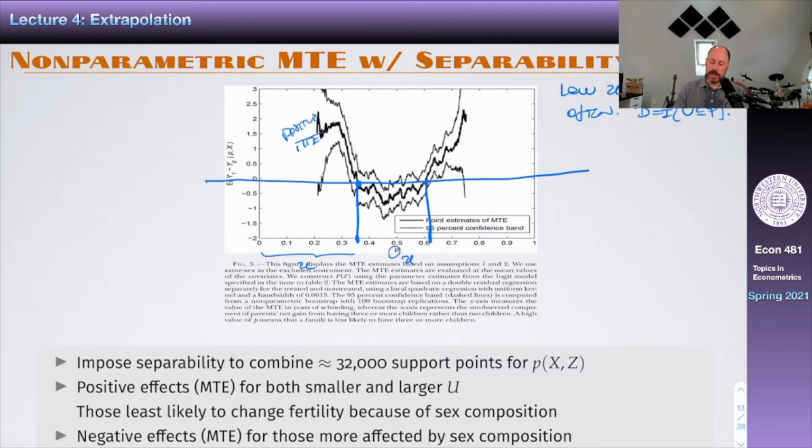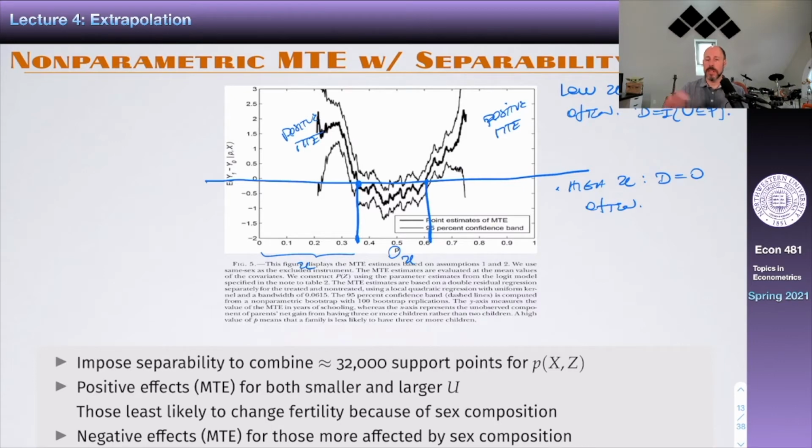Whereas if you just look at high values of U over here, these also have a positive MTE, and this is high values of U. High U is D equal to 0 often. So these individuals over here are individuals that typically don't have a third child.